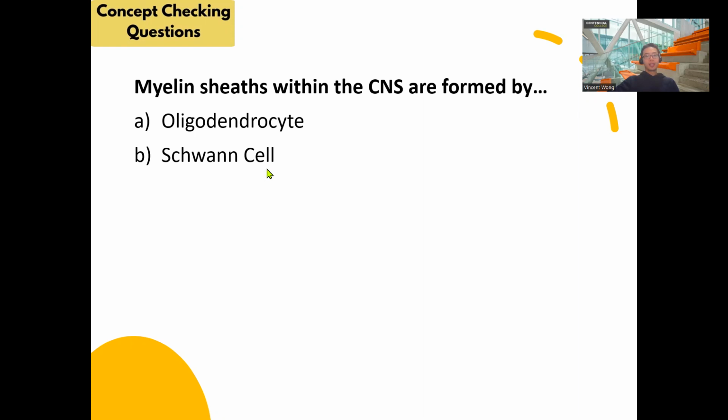Yeah, amazing. Everybody got it right. That's the oligodendrocyte. Sometimes it's called myelin sheaths, an extra word, but we can just call it myelin. It means the same thing.